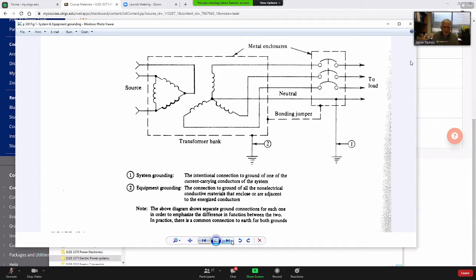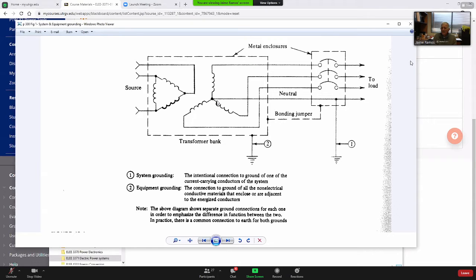Okay, so this diagram shows the two groundings. One is system and the other equipment. Number one, conductor number one on the right here is grounded, it is the neutral.